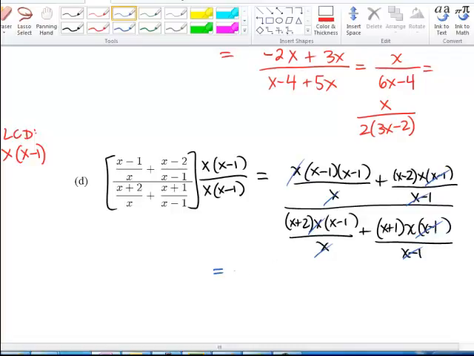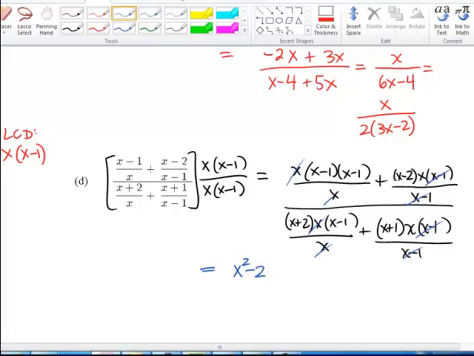So we've got x minus 1 squared plus x squared minus 2x over x plus 2 times x minus 1. Let's expand that. You know, let's just expand all of these here, because we're going to need to regroup our like terms.